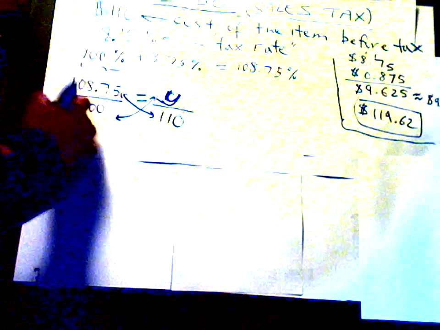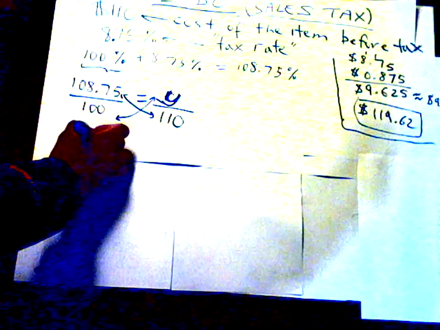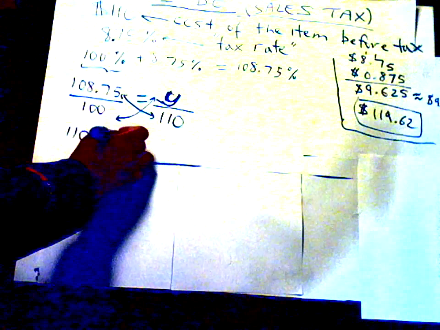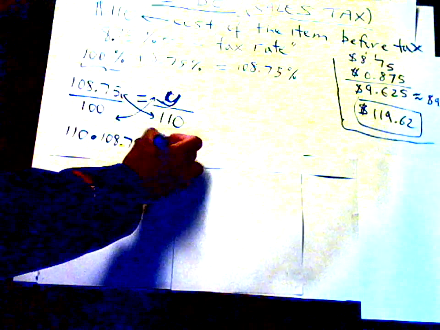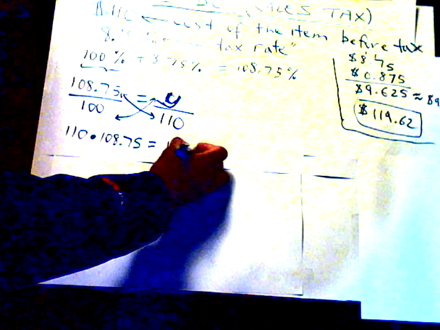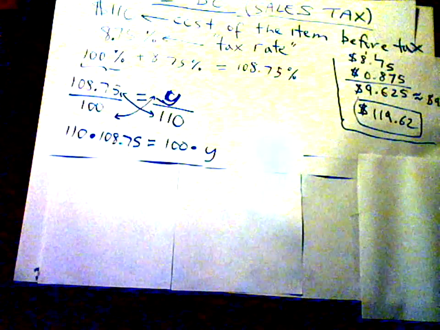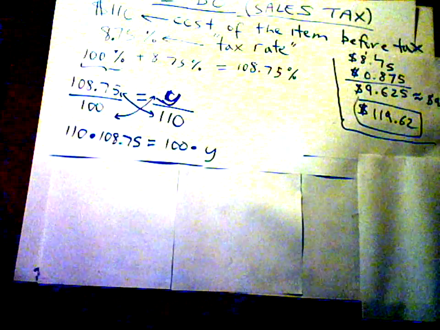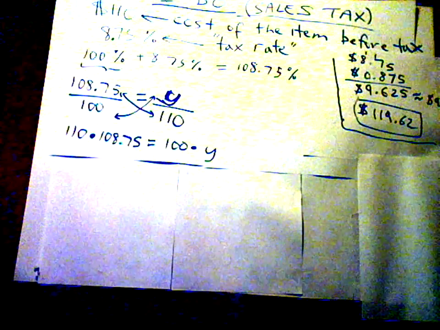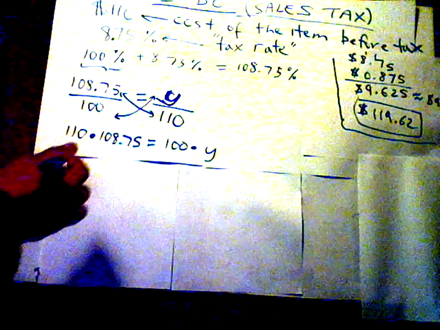Okay, so we do 110 multiplied by 108.75 is equal to 100 times Y. And if I multiply 110 by 108.75, what am I going to get?